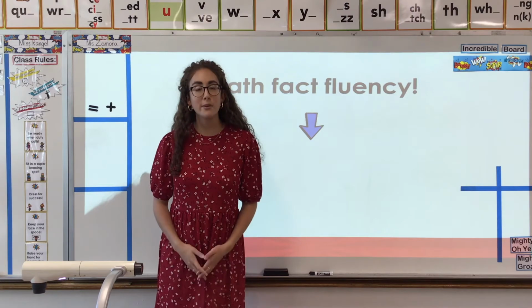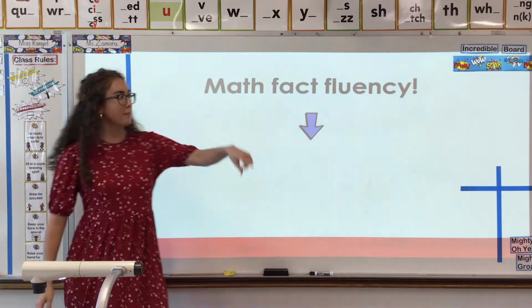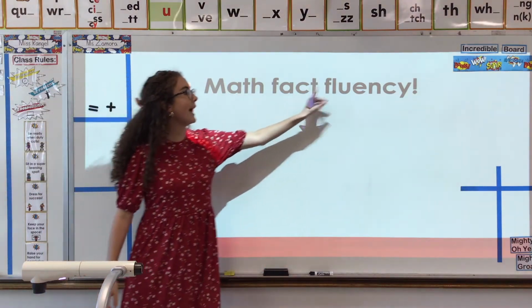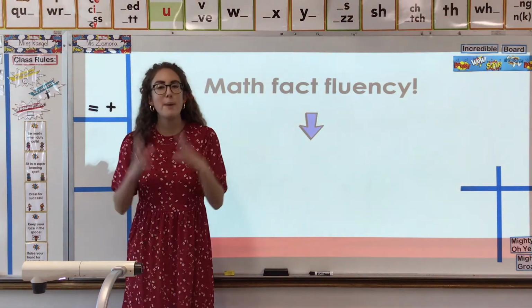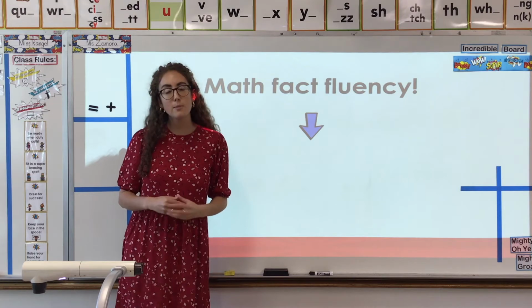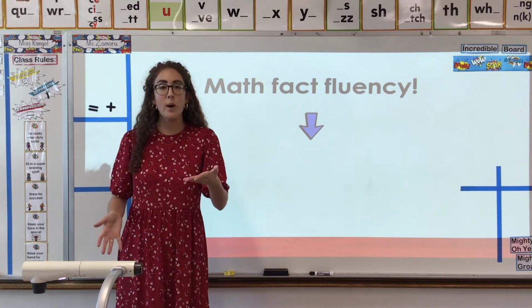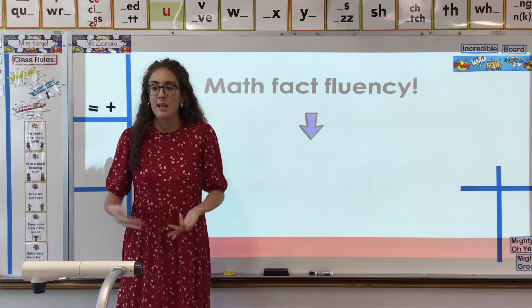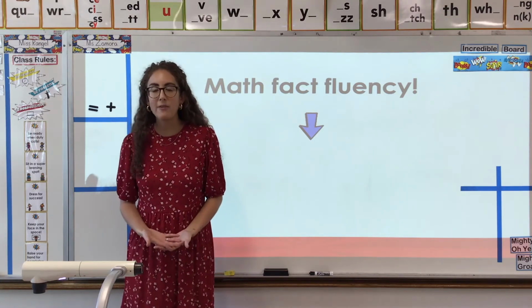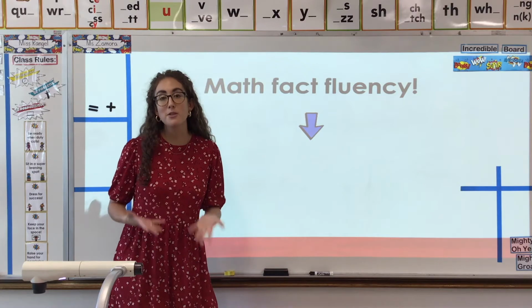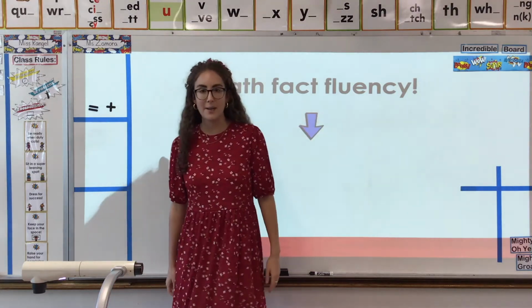We also want fluency in math when it comes to math fact fluency. Math facts are just basic small addition or subtraction facts. 3 plus 1, 8 plus 2, 7 plus 4. Those are all small basic math facts, and we want to be able to solve them fluently.